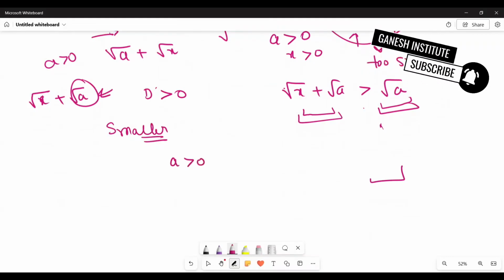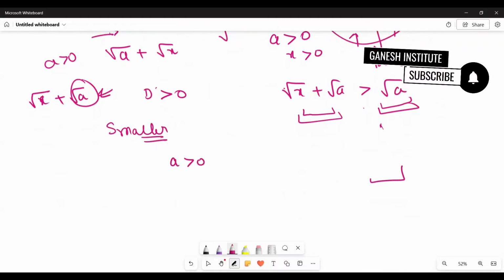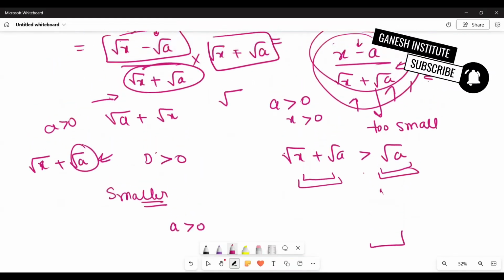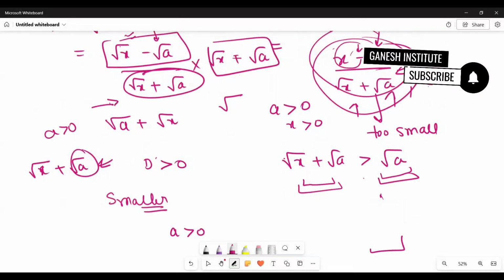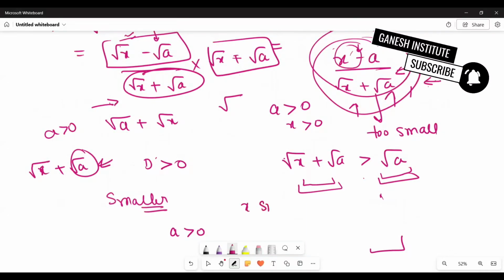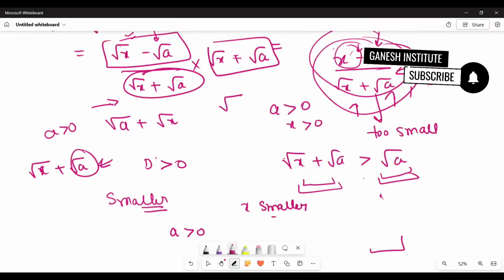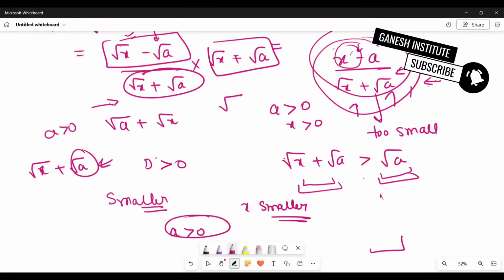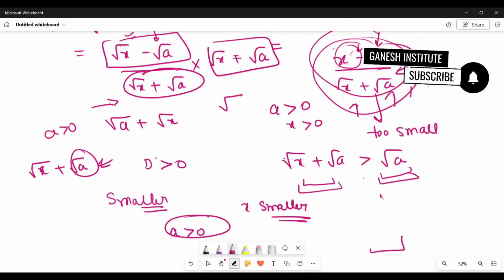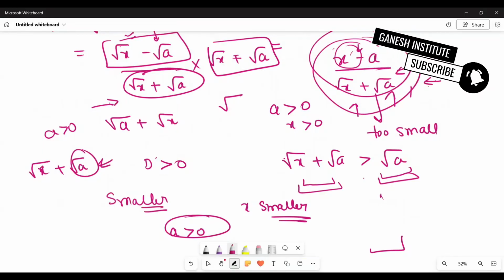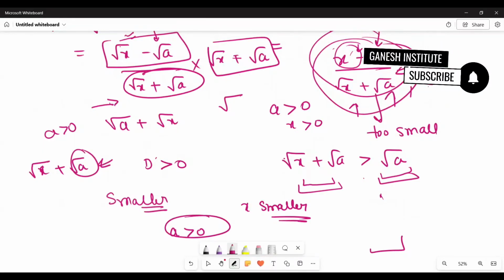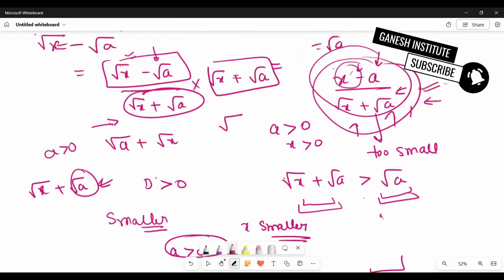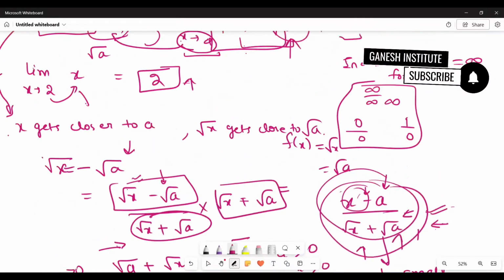Because a is greater than 0, this is given. But a smaller value of the fraction means x is also smaller. x has to be smaller, then only the fraction can be smaller, given this condition that a is greater than 0. So that means x is smaller, a is smaller.